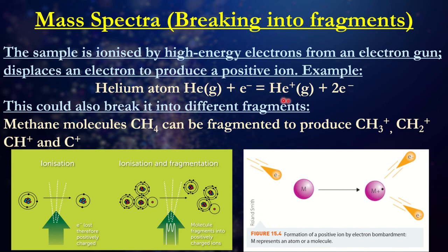So if we had a helium atom, we inject an electron, we ionize the helium atom, and we can then break it into further fragments. Say for methane, CH4, it can break into these particular components here. That's what we're using the electron gun for.